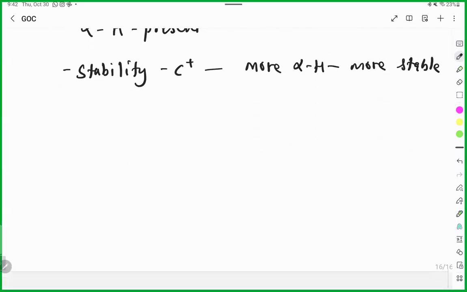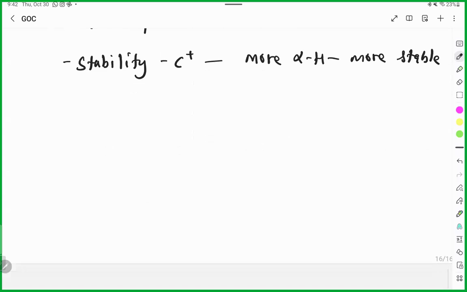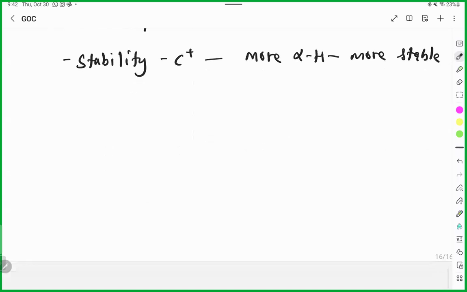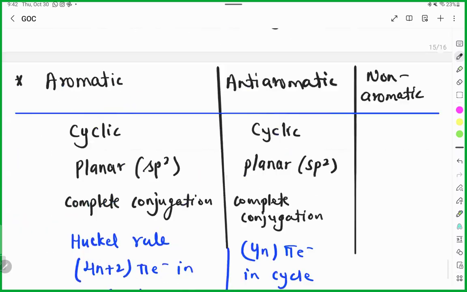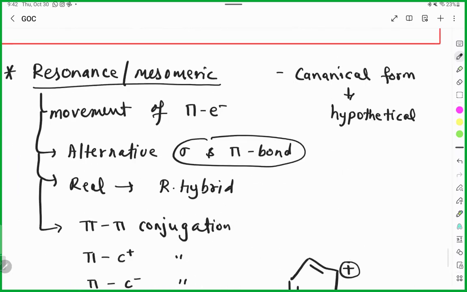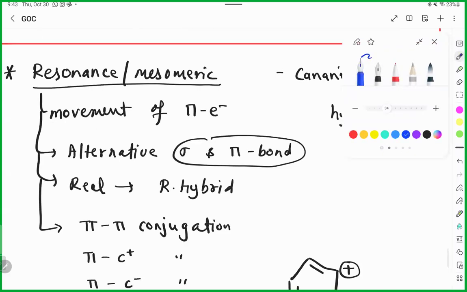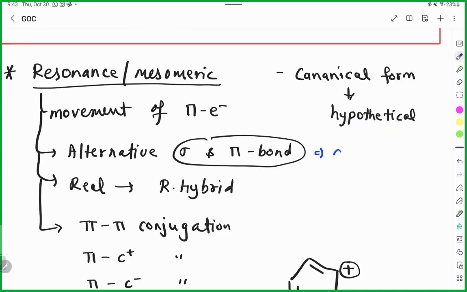Okay. And anything else? Yeah, this is the most important thing. It is distance independent. It does not depend upon the distance like resonance effect. One thing I have to write in the resonance effect, that in case of resonance, this is also distance independent.